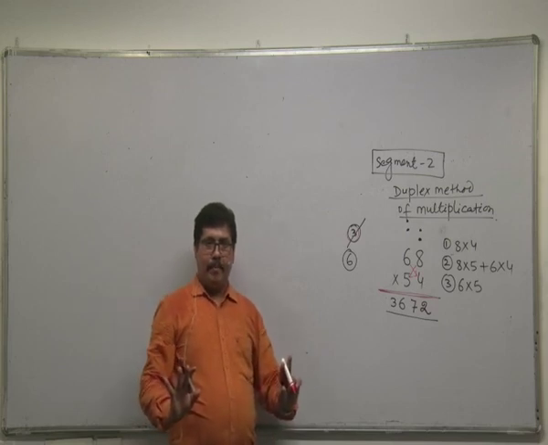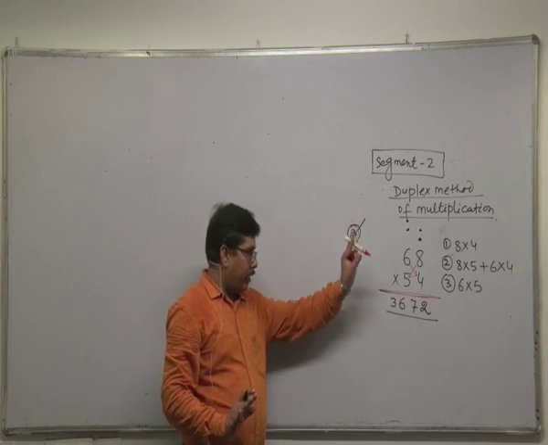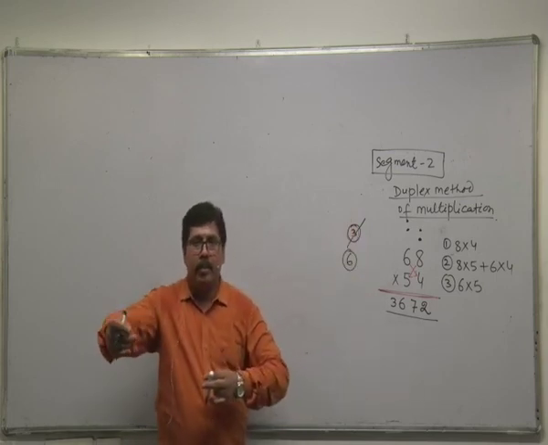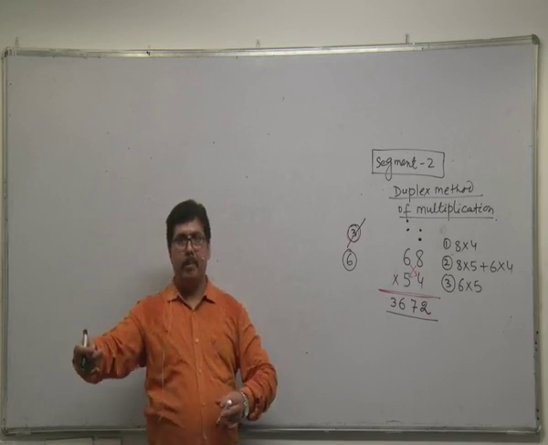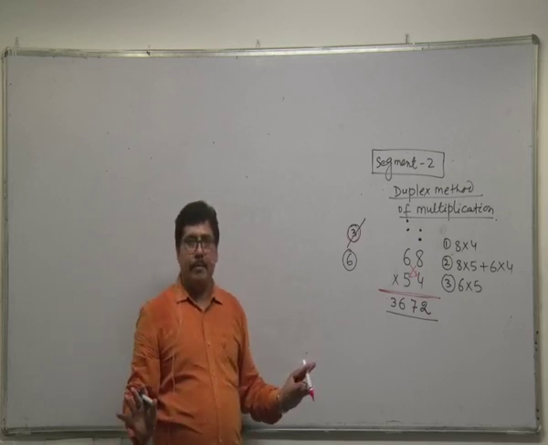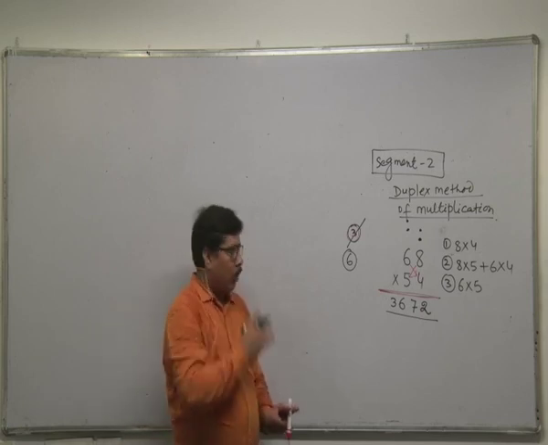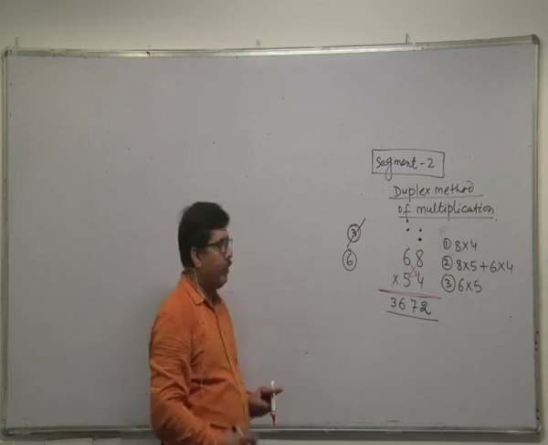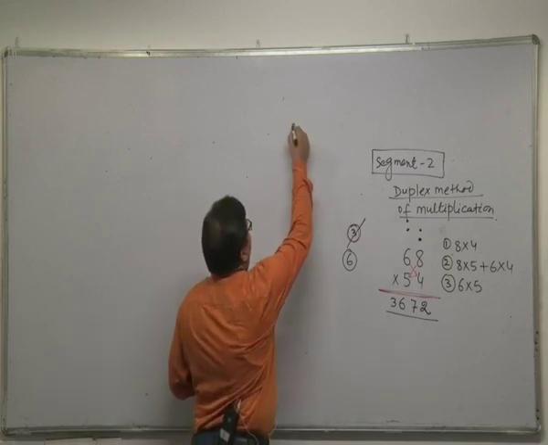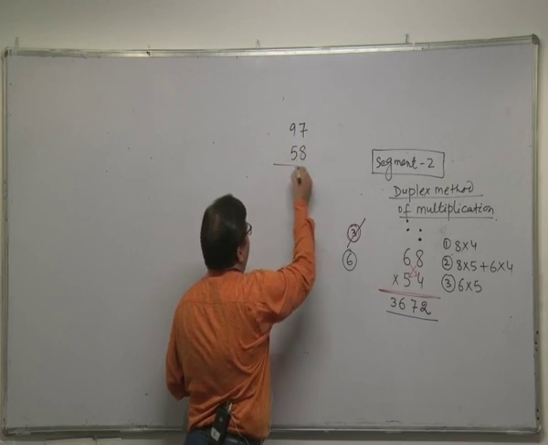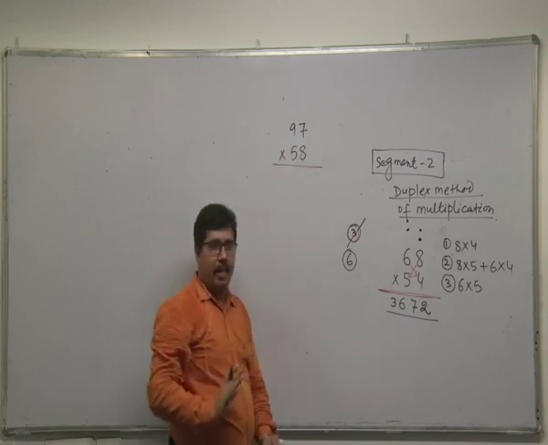All right? Now, I can extend this pattern to 3-digit numbers, 4-digit numbers, 5-digit numbers, or any n-digit number. Let us consider one more example of 2-digit numbers. Suppose one number is 97 and the second number is 58. 97 into 58.